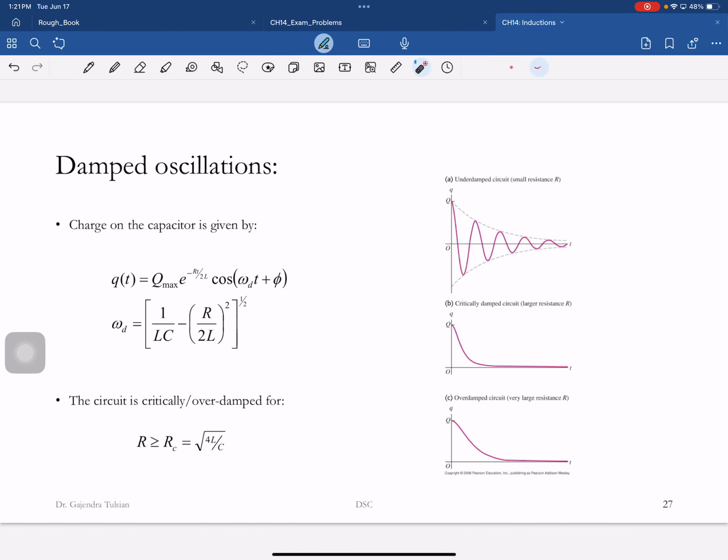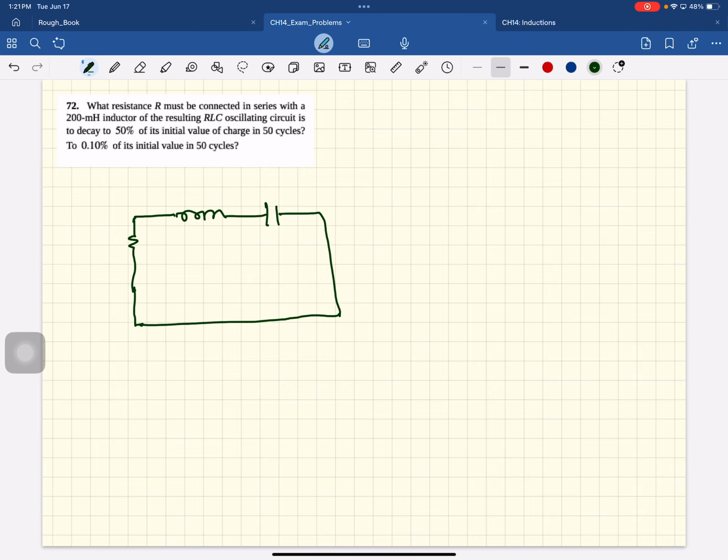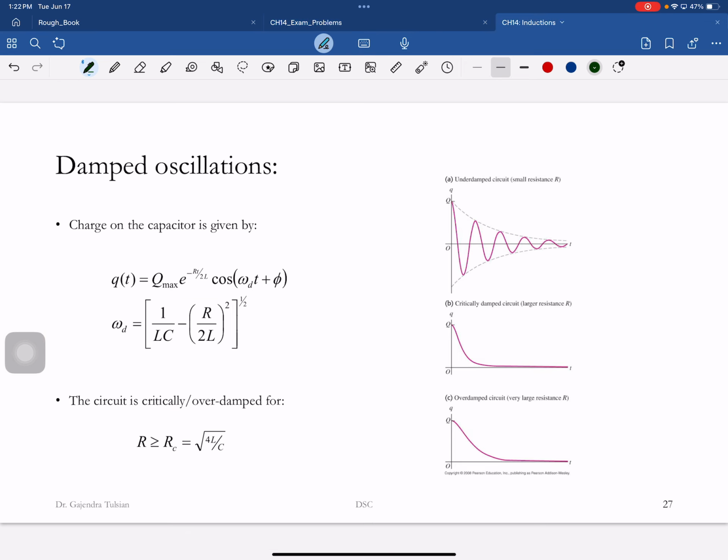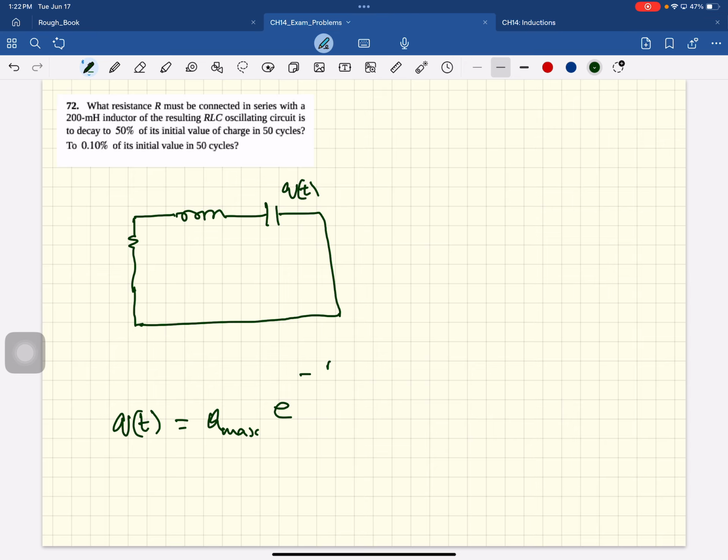The charge on the capacitor decays like this: Q(t) equals e to the power minus Rt over 2L, times cosine.